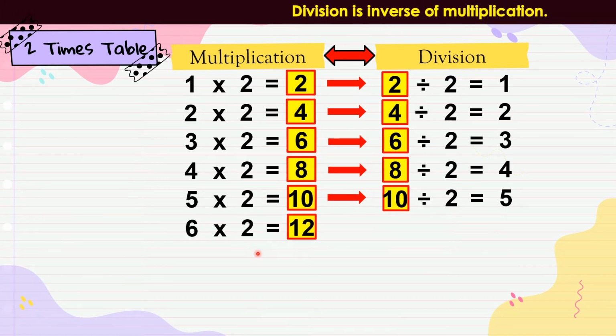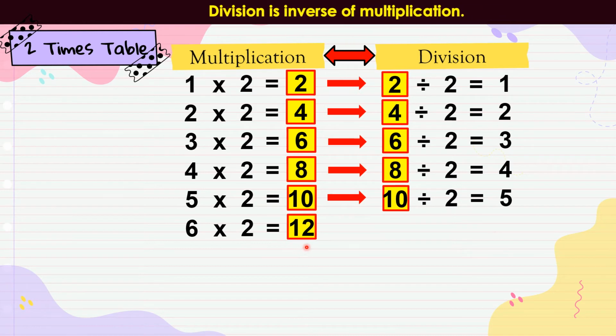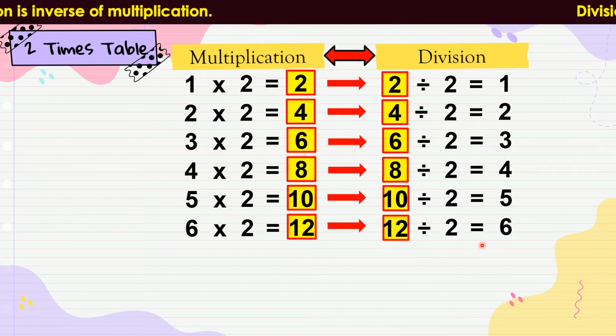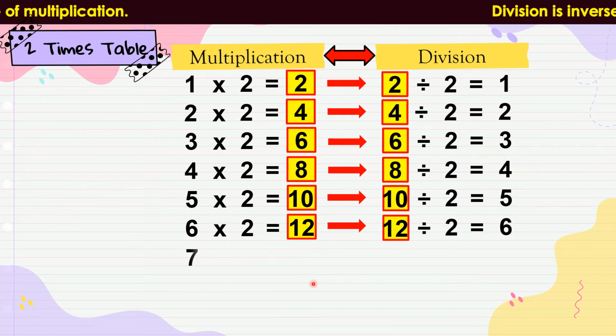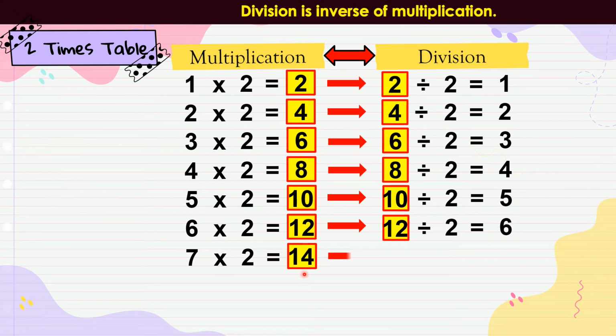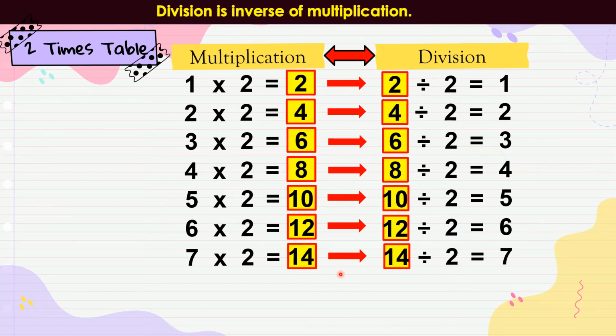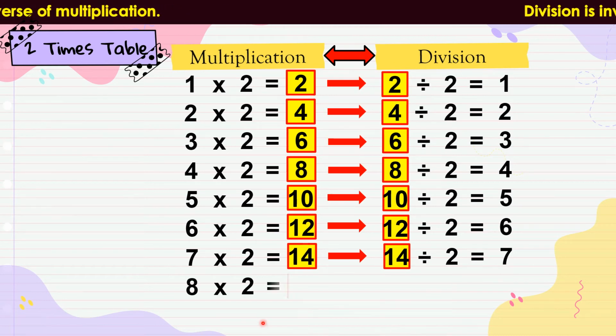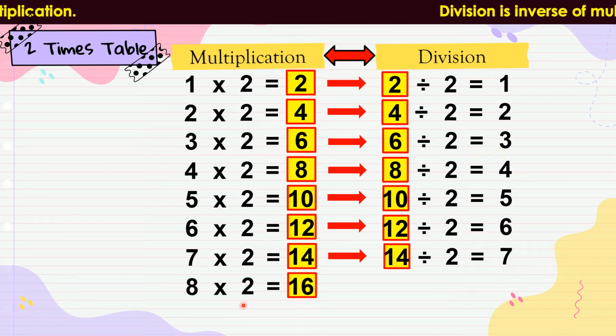6 times 2 is equal to 12. When we inverse it, it becomes 12 divided by 2 is equal to 6. 7 times 2 is equal to 14. When we inverse it, it becomes 14 divided by 2 is equal to 7. 8 times 2 is equal to 16.